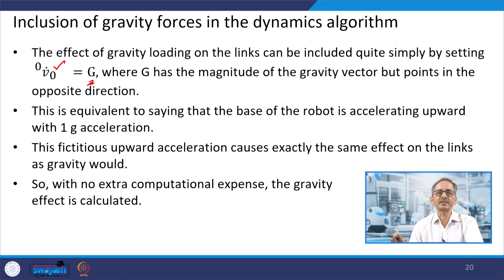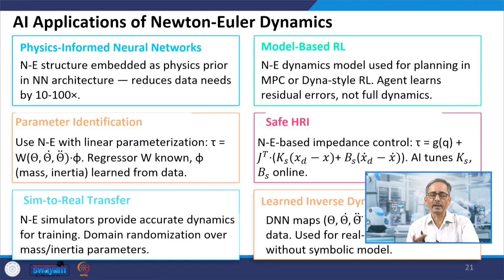This is equivalent to saying that the base of the robot is accelerating upward with 1g acceleration. This fictitious upward acceleration causes exactly the same effect on the link as the gravity would, and we are going to see this when we are doing the numerical problem. So, with no extra computational expense, the gravity effect is calculated.